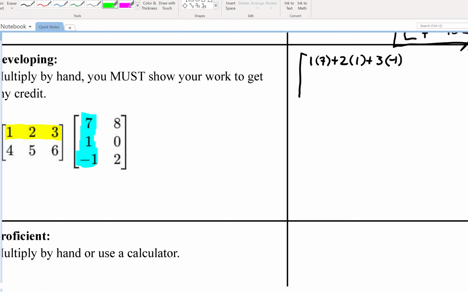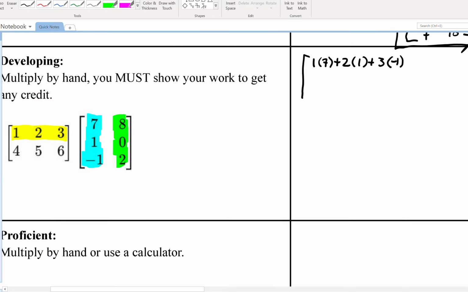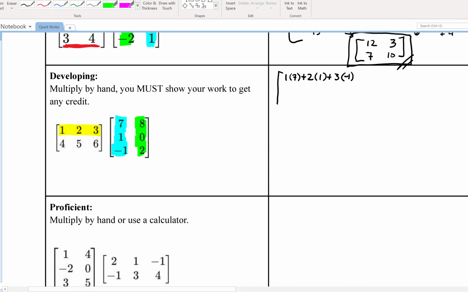And then over here, I'm going to multiply 1 times 8, plus 2 times 0, plus 3 times 2. And then for this row down here, I'm going to use red underline.